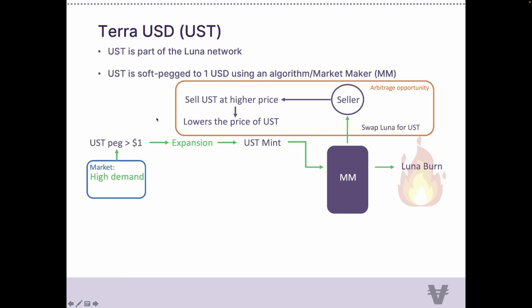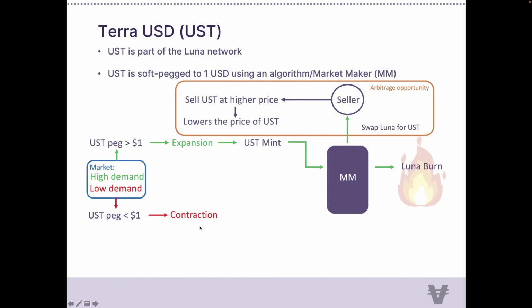But if we look at the other side of the story, when there's a low demand, so people would rather just hold their crypto or want to buy crypto, so they sell their USD, the peg will be below $1.